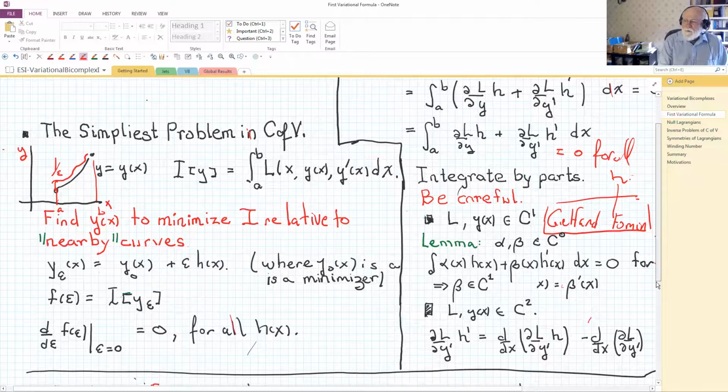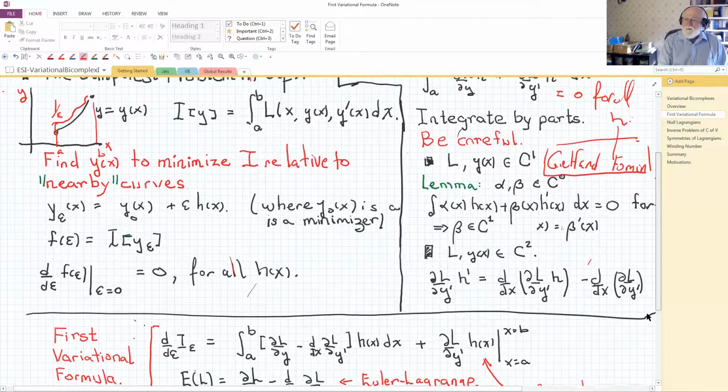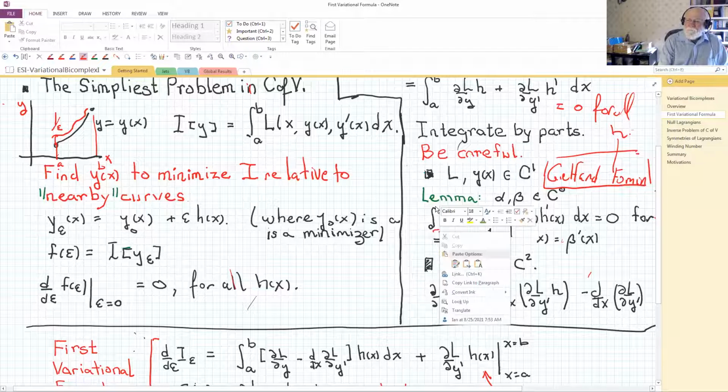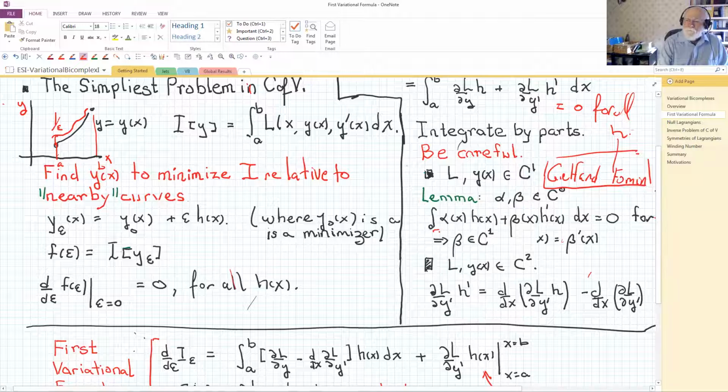The book's called The Calculus of Variations, and in that book you'll find a lemma, and the lemma says the following: suppose you have an expression of the form integral from a to b of alpha of x times h of x plus beta of x times h prime of x, where alpha and beta are just continuous functions, and h is a differentiable function.